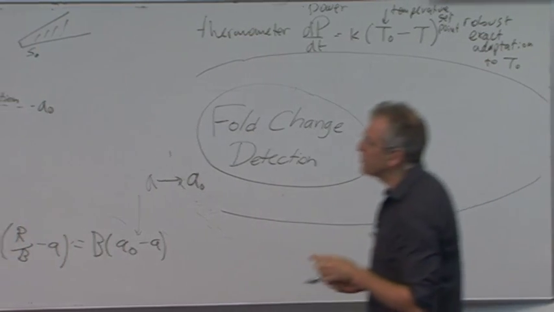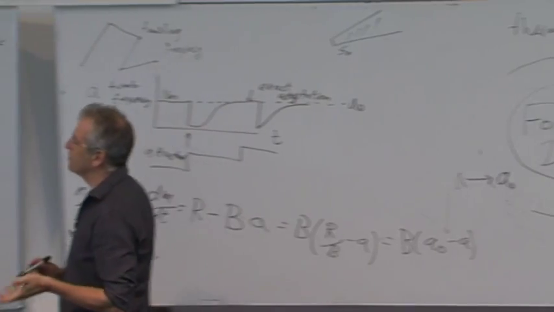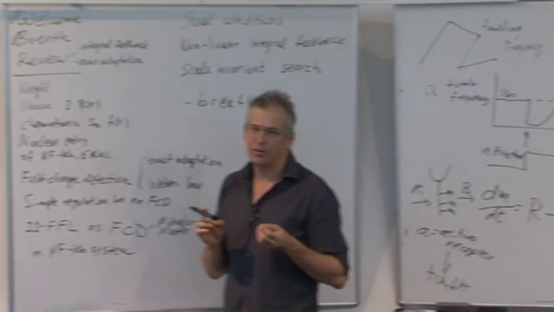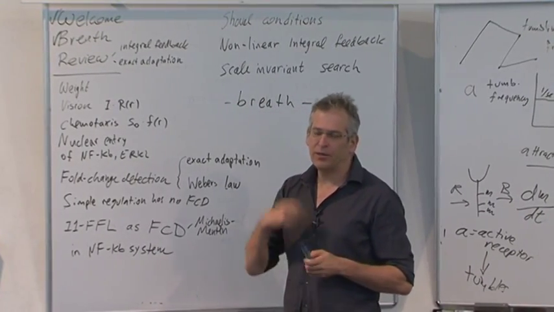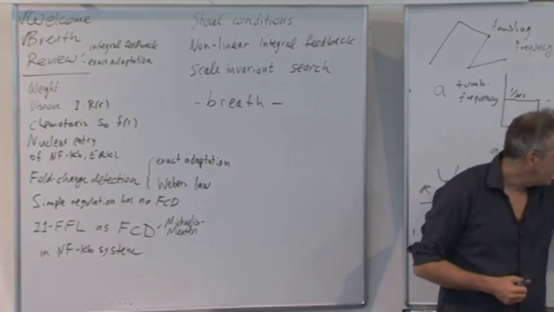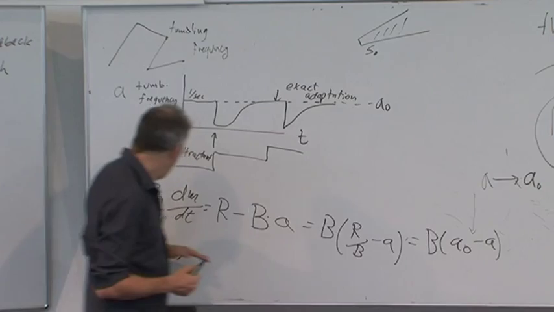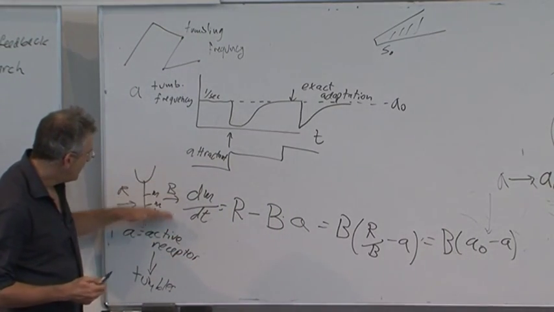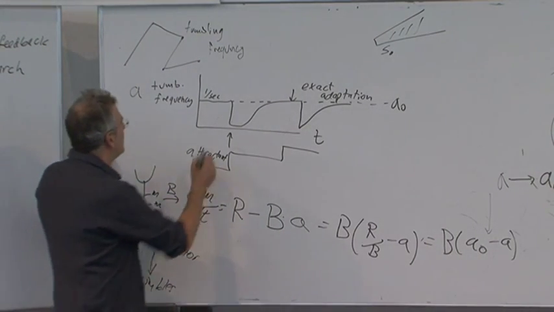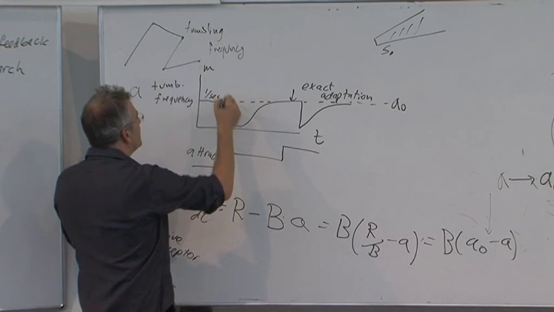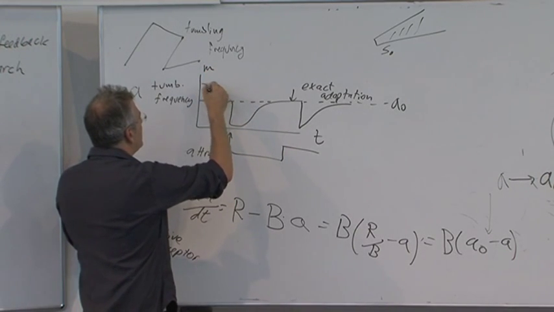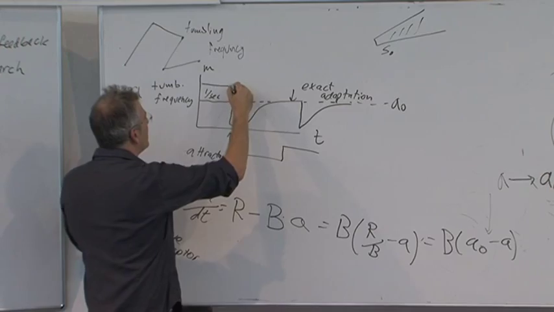So this integral feedback is the way that engineers and also biological systems get exact adaptation. They integrate the error between the activity and the set point activity. How do they integrate it? By changing this methylation level. So if I plot here now the methylation on this graph, when I add attractant, the methylation increases.